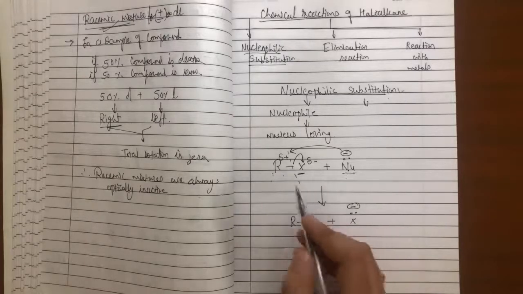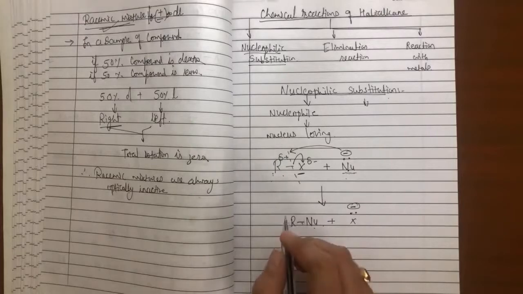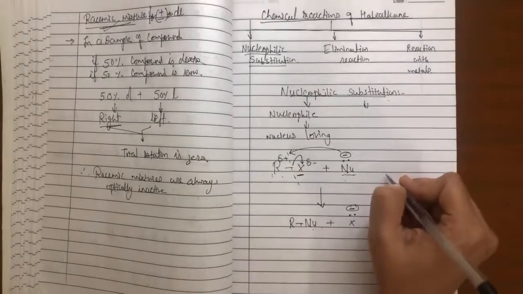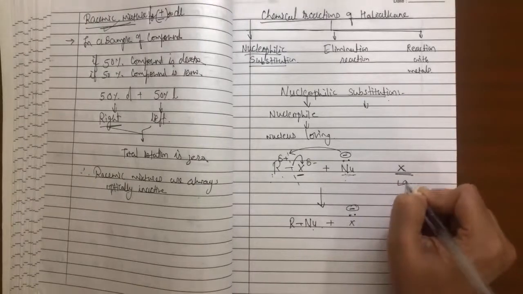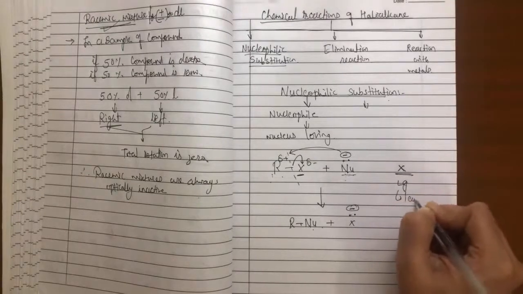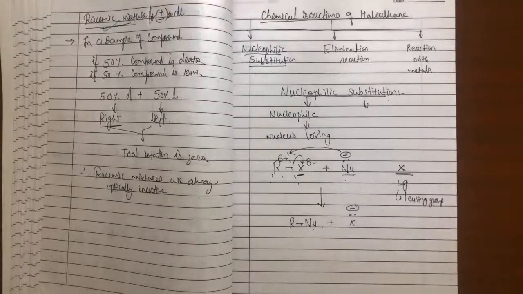Now during this reaction, as halogen is leaving the alkyl chain, X minus is known as the leaving group. Halogen is known as Lg, Lg is leaving group. So this is how this reaction occurs.